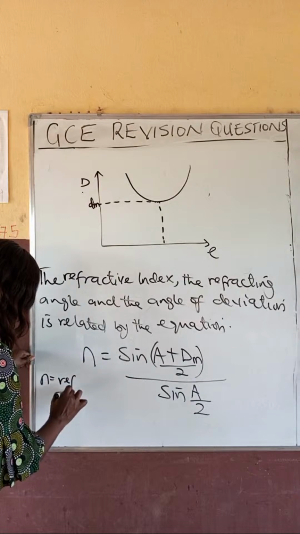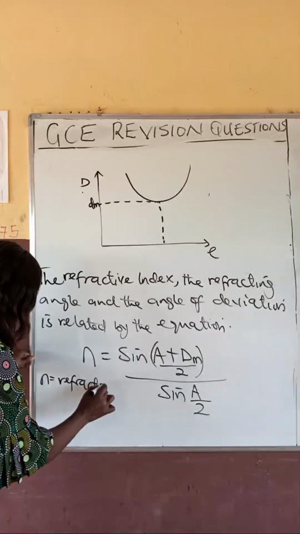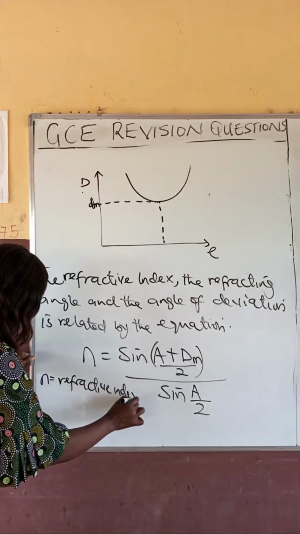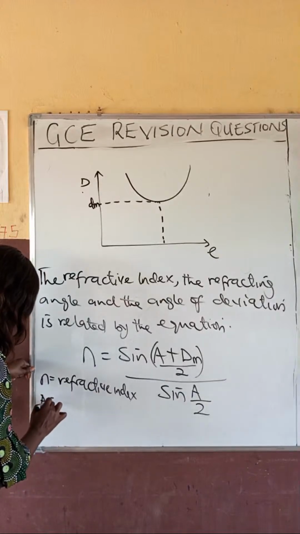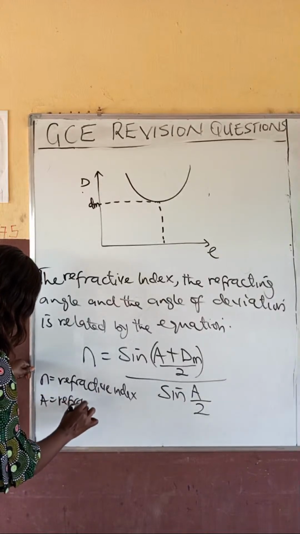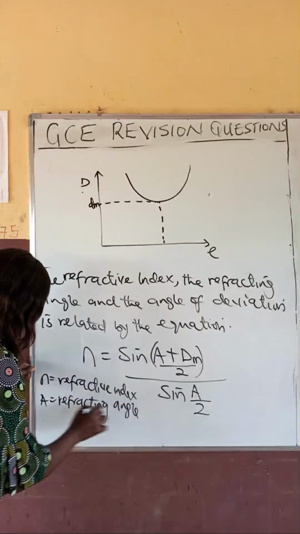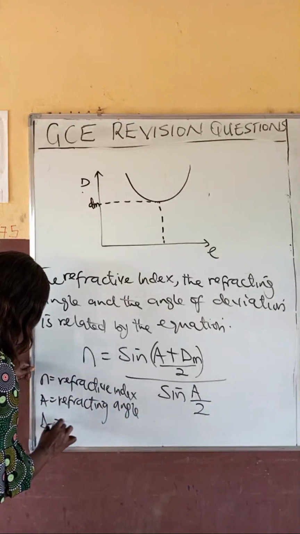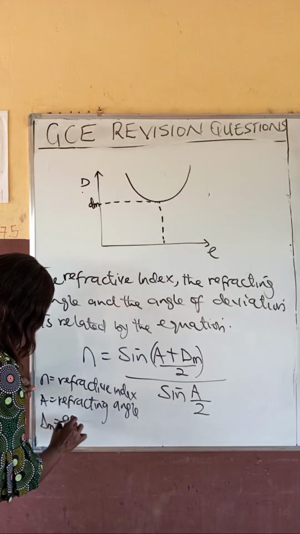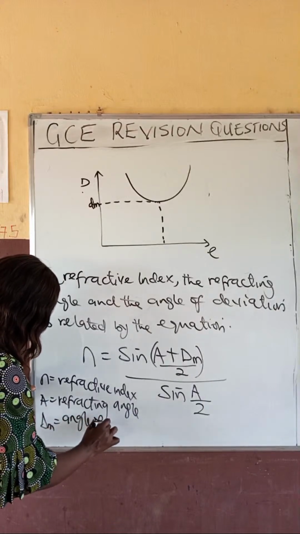Where N is the refractive index, A is the refracting angle, and dm is the angle of minimum deviation.